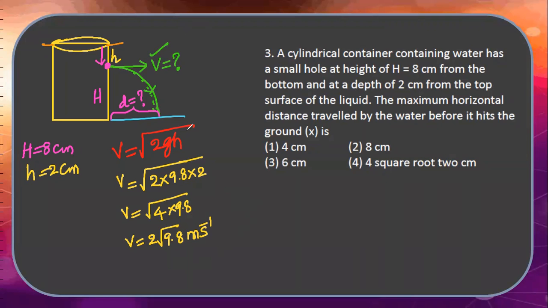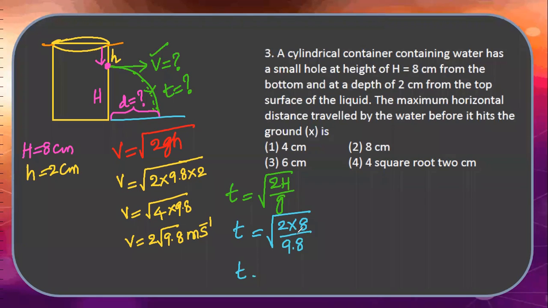Then what is the time taken to fall down? T is equal to the square root of 2H divided by g. It has to fall through a height capital H, that's why capital H is taken. Then T is equal to the square root of 2 into 8 divided by the acceleration due to gravity 9.8.